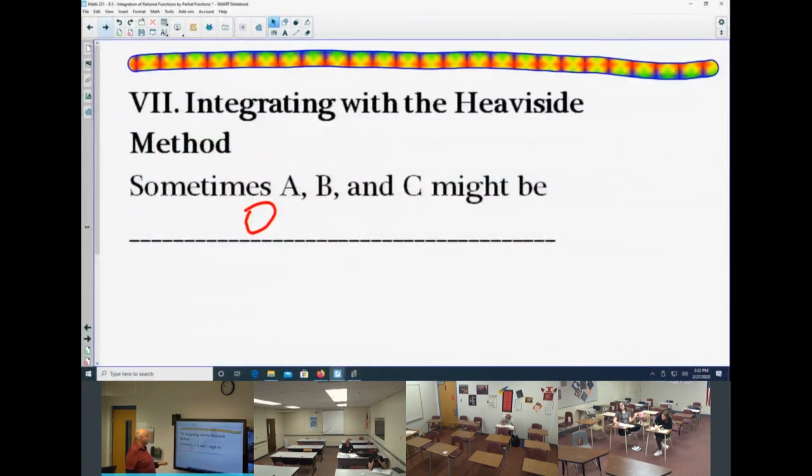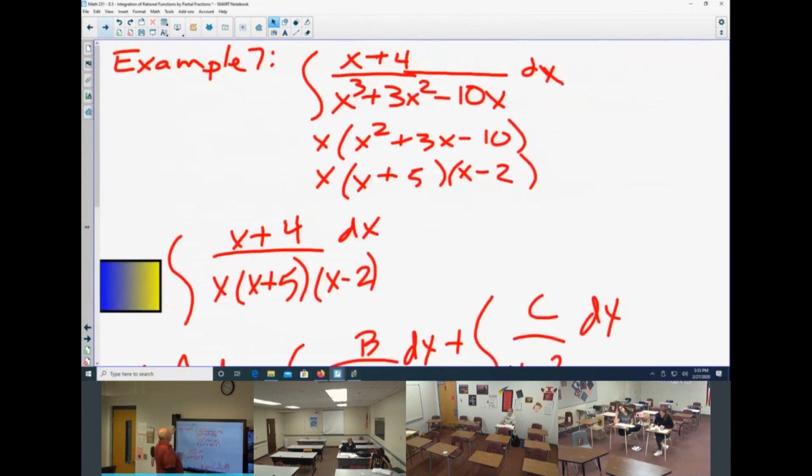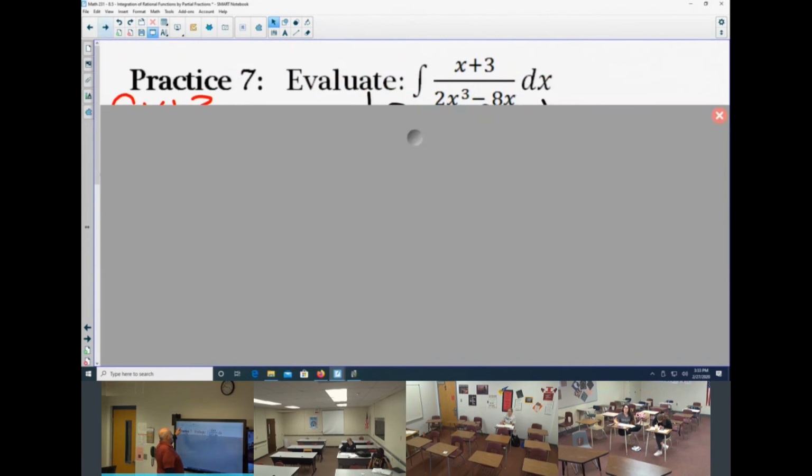All right, so integrating with the Heaviside method. Sometimes your A, B, and or C might be 0. We've actually had that happen before when we did solve for A, B, C, and D. But with this Heaviside method, you can still get 0 when you plug in.